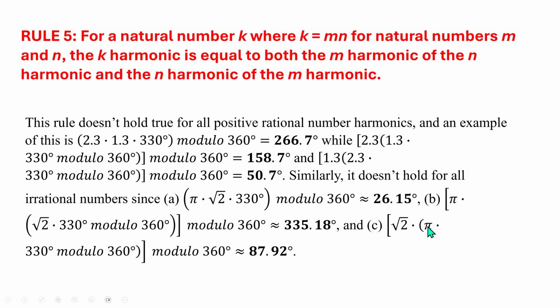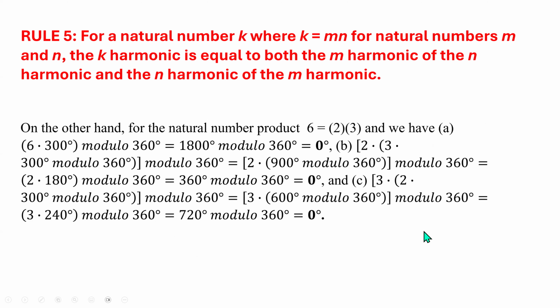On the other hand, if I calculate the pi harmonic first, followed by the square root of 2 harmonic, this will come out approximately to 87.92 degrees. And you can see they're all different. This could hold for some positive rational number harmonics and some irrational number harmonics, possibly, but doesn't hold for all of them.